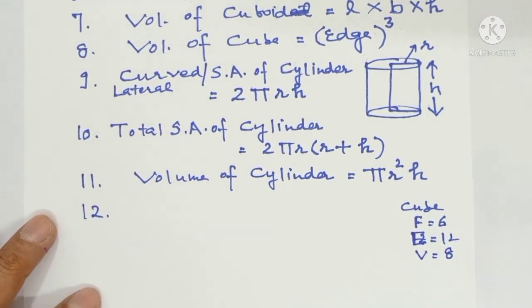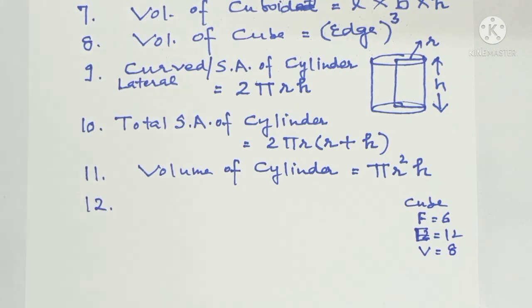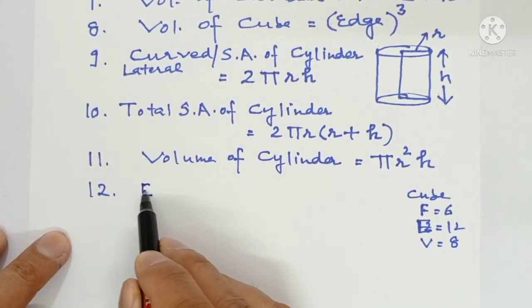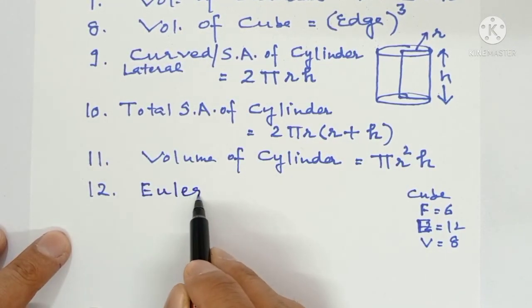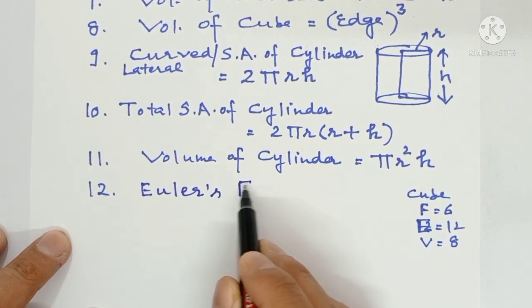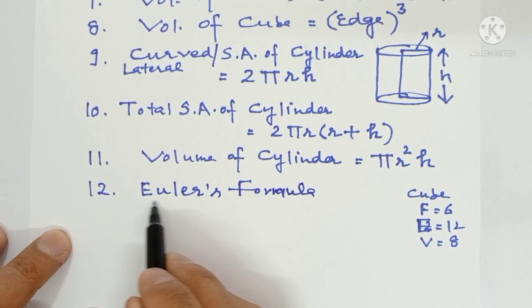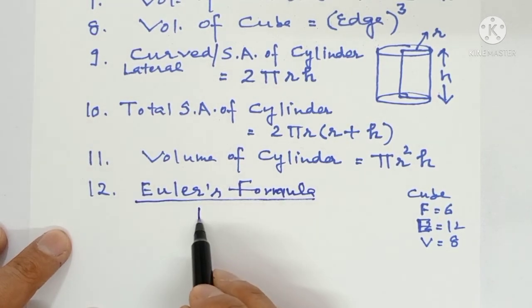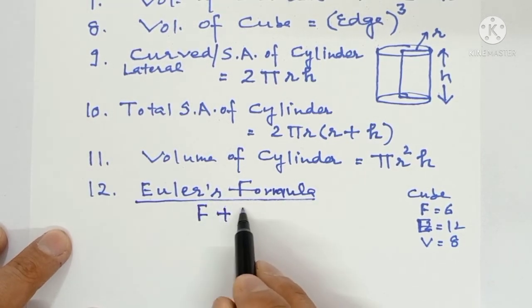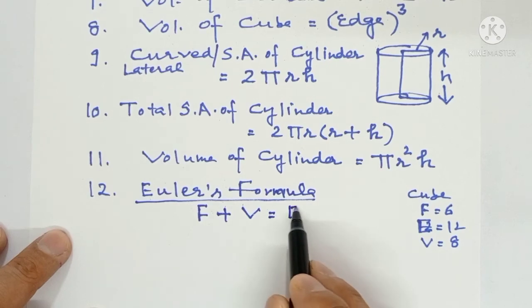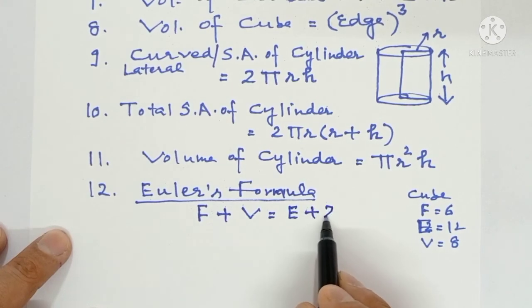So by using this, you are using Euler's formula, E-U-L-E-R apostrophe S, Euler's formula. What is Euler's formula? Faces plus vertices is equal to edges plus 2.